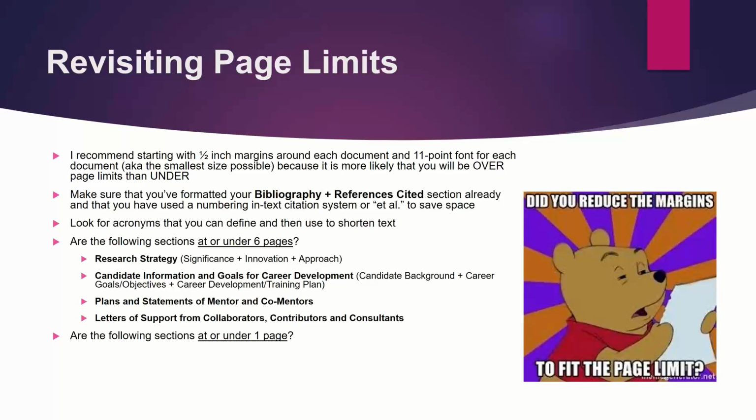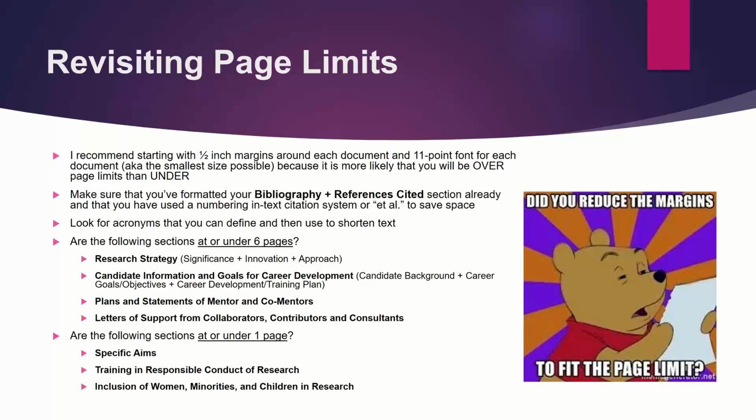And are the following sections at or under 1 page? Specific aims, training in responsible conduct of research, inclusion of women, minorities, and children, which has now been re-termed inclusion of women and minorities in research. Sorry for that typo. Also, inclusion of individuals across a lifespan should be at or under 1 page.